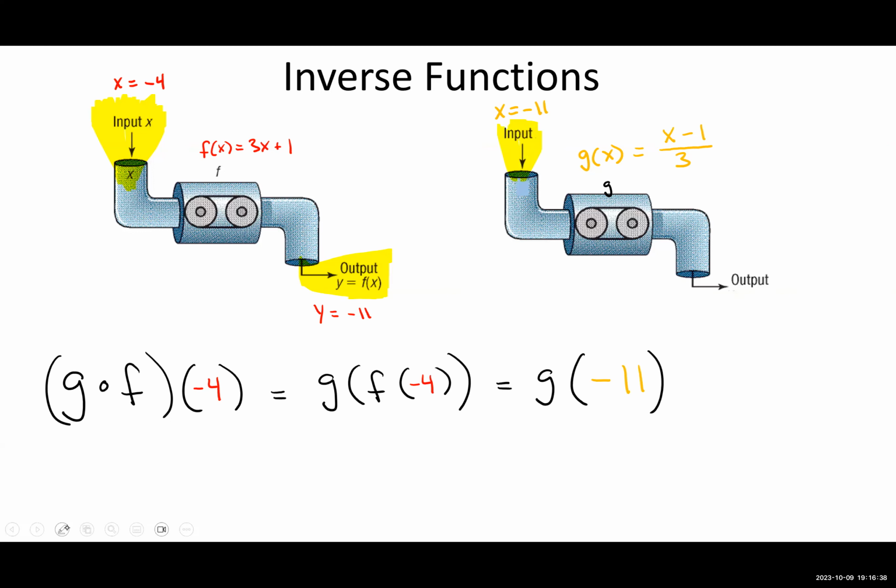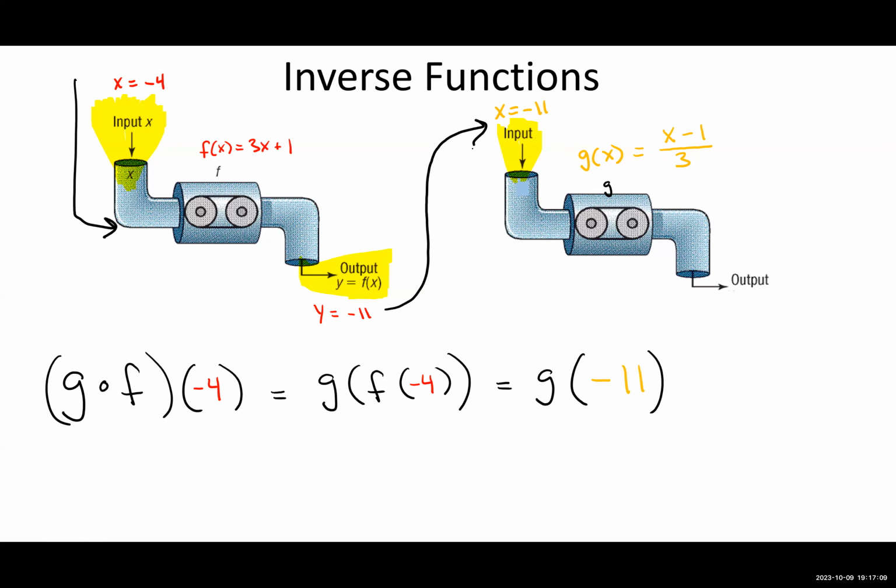I'm connecting these two functions together. So -4 went in, -11 came out. Now that -11 is going into the next function. We're going to use that as our x value for the next function. -11 goes in. Well, what do you get when you put in a -11 into this g function?